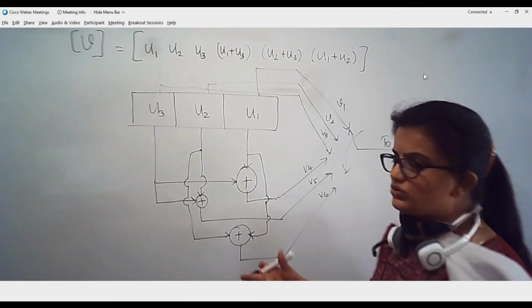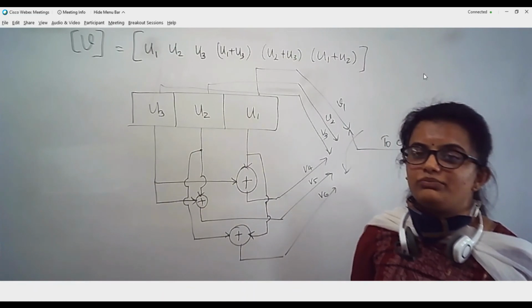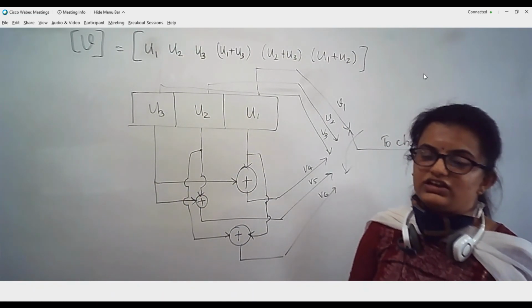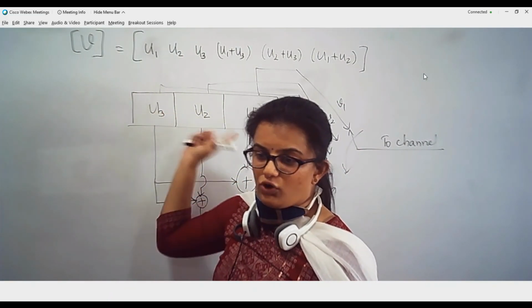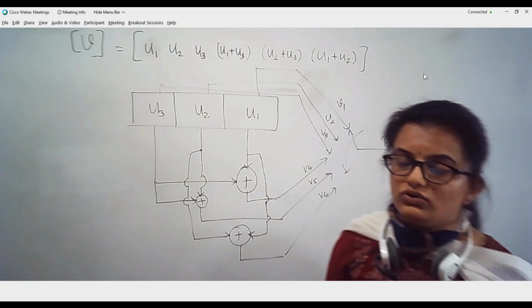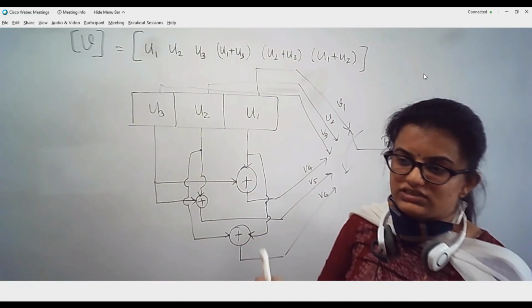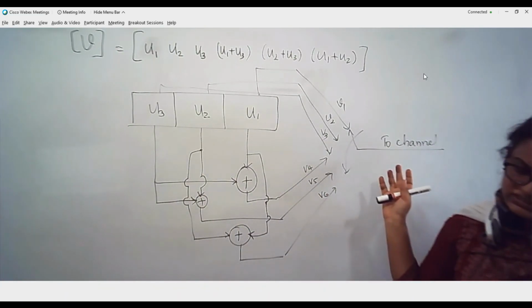Like this, you can write the circuit diagrams for whichever linear block code is given. If it is a 7,4, then you will have to add one more shift register here, 4 flip-flops, and then realize the equations that we get for the parity bits, and represent it like this.